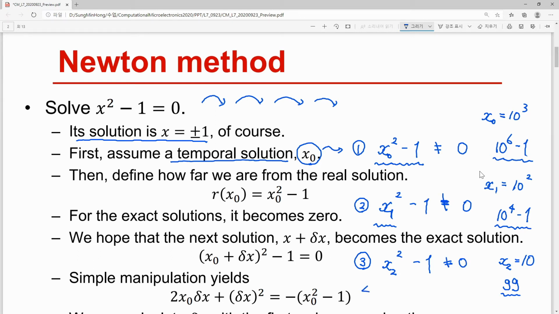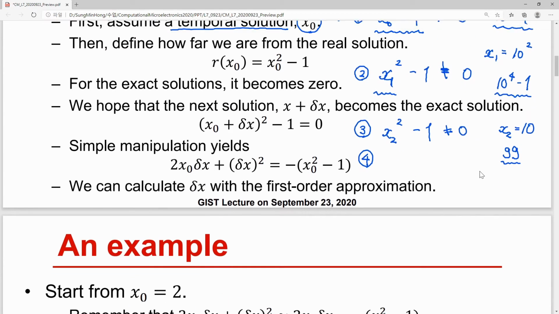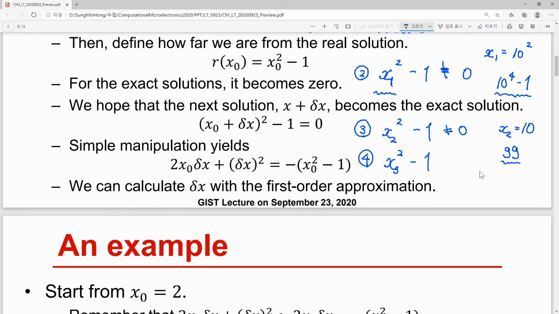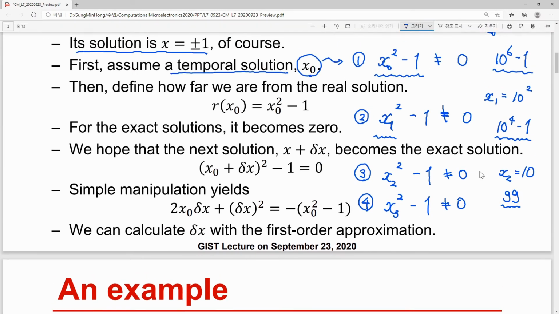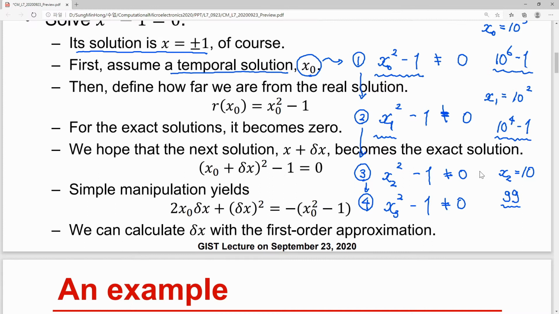If we just continue this step, x3 squared minus 1 can also be away from the solution. But the point is, by repeating this procedure, if we are in the right direction, then eventually we can approach the realistic solution.